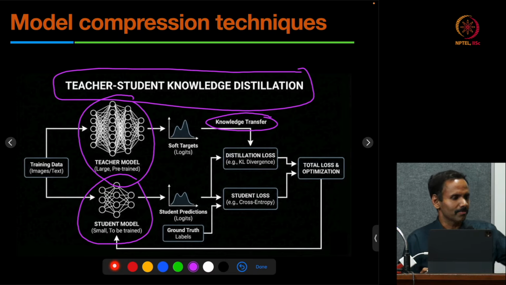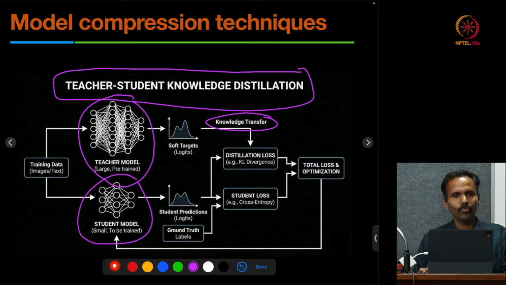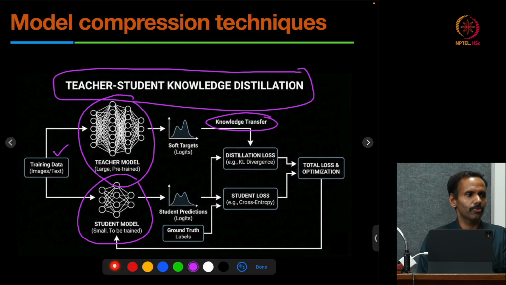Right? So this kind of thing, you decide what is the task that you want to approximate, you design that task, and then you pick that training data for the student model which you have full control on and perform this teacher student distillation.